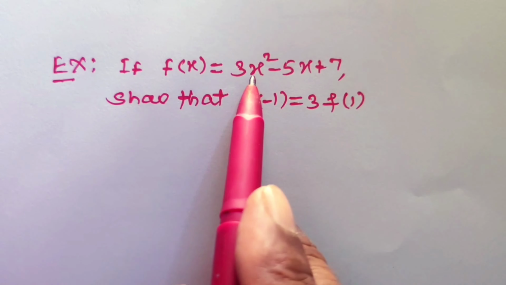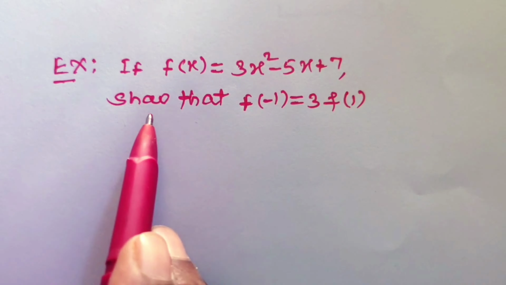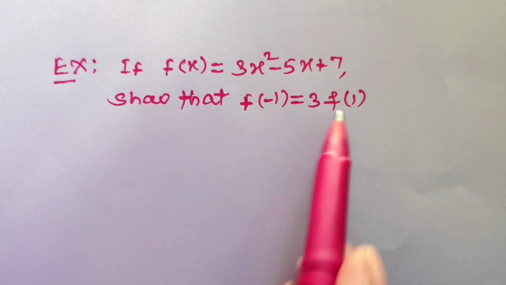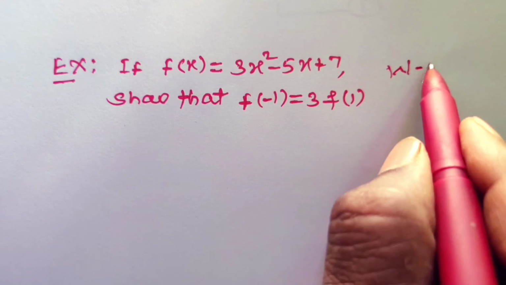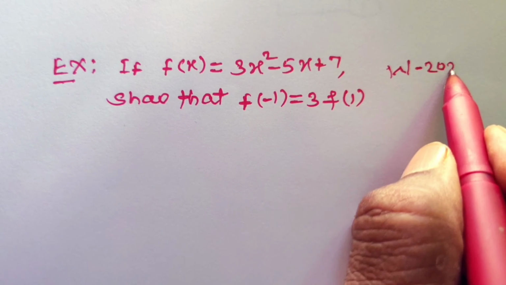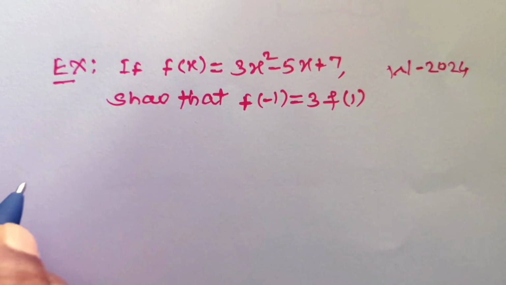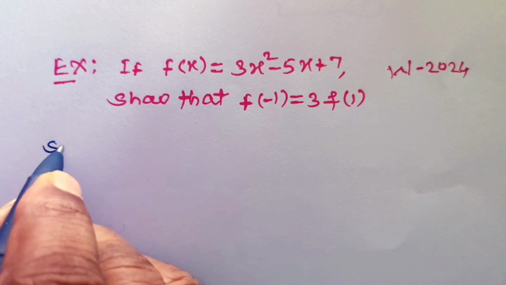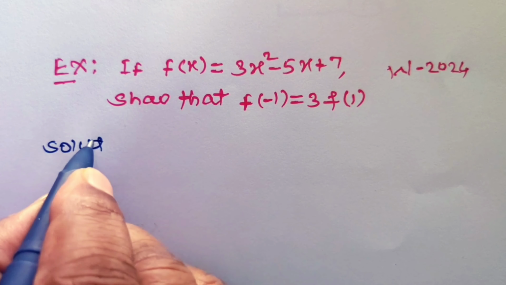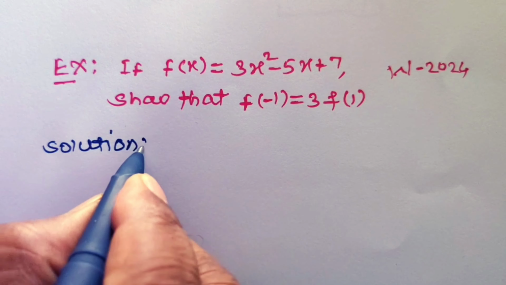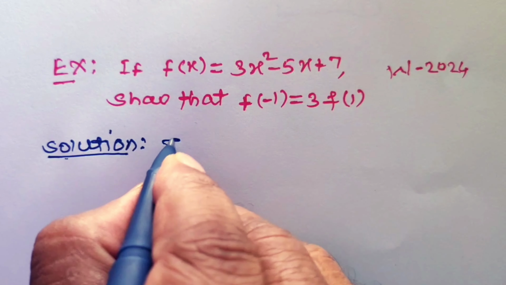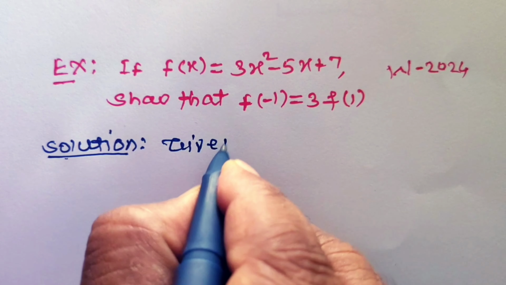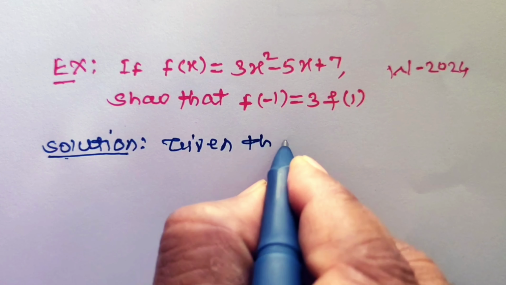The statement of this sum is: if f of x is equal to 3x square minus 5x plus 7, then show that f of minus 1 is equal to 3 times f of 1. This sum appeared in winter 2024 for 2 marks. So, to solve this sum, solution: first of all, what we have to do? We have to write the given equation as it is.